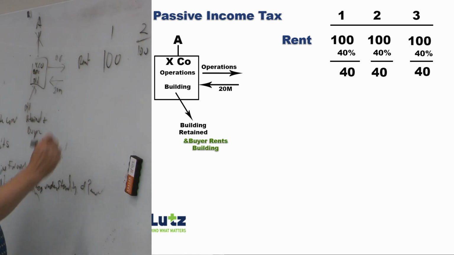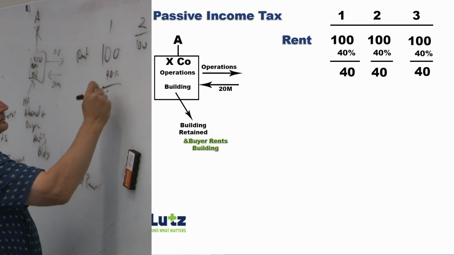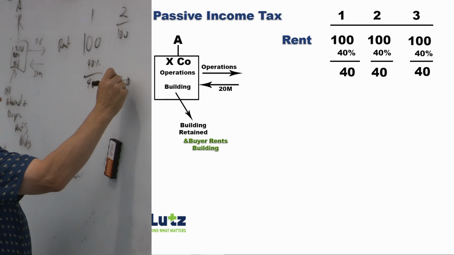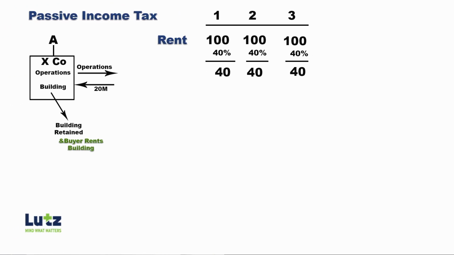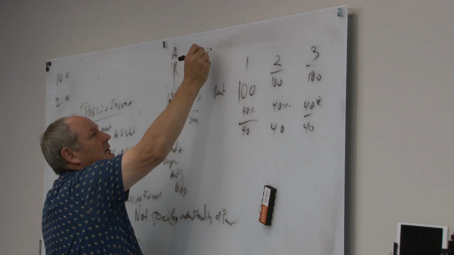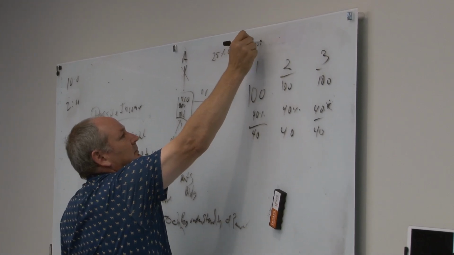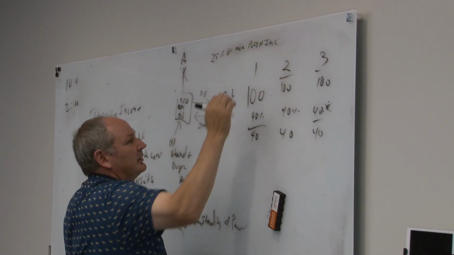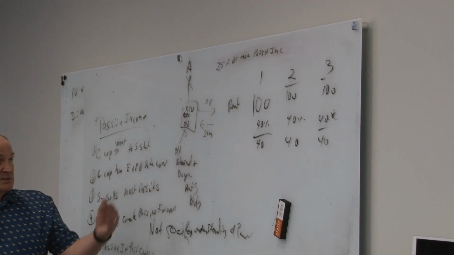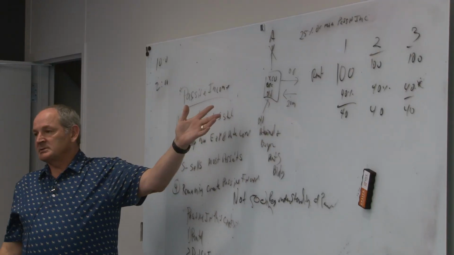So we'll say it's 40%. And the measurement, which I should have said earlier, is if 25% or more is passive income, then you have this problem. Since the building's the only thing left, 100% of our income is passive.